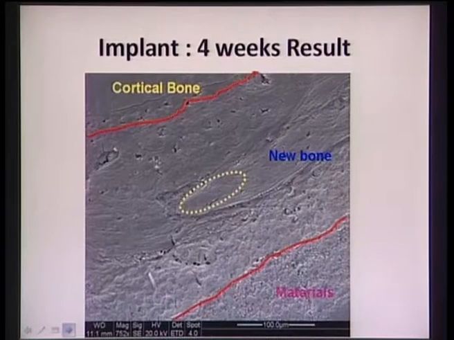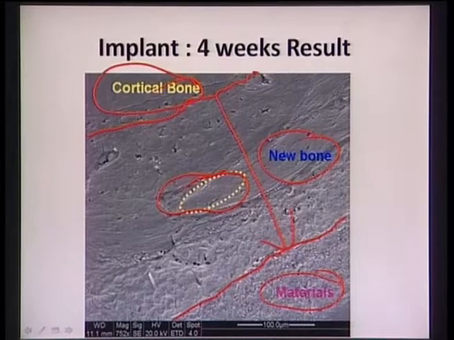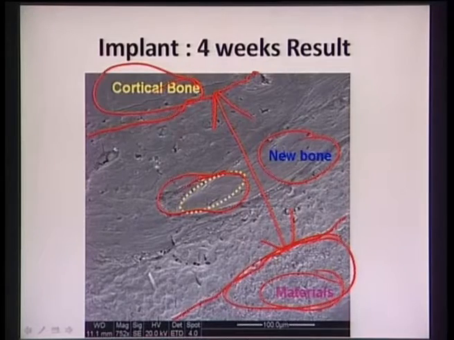What you can see here is your material, and this is your new bone. There are some regions where the Haversian canals are there, and you have this cortical bone, that is your natural bone. This is the entire bone material interface, and this is your material. So that means this material shows good in vivo biocompatibility.